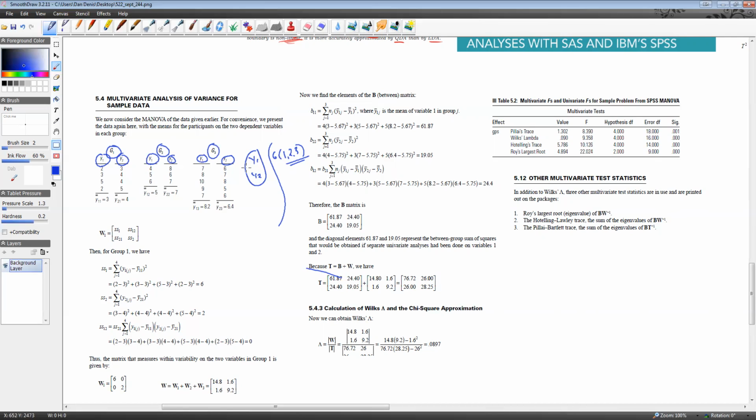This is the mean vector of y1 and y2 as a function of the grouping structure. Notice if you take away y2, what do you get? You get an ANOVA. If you take away y1, you get an ANOVA.